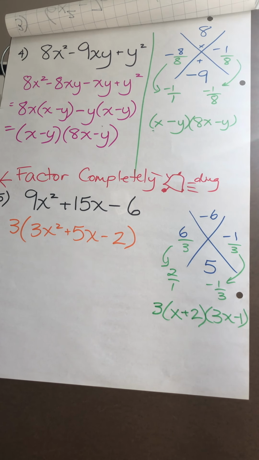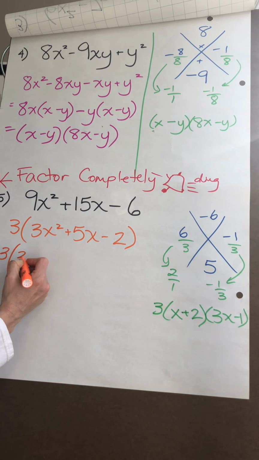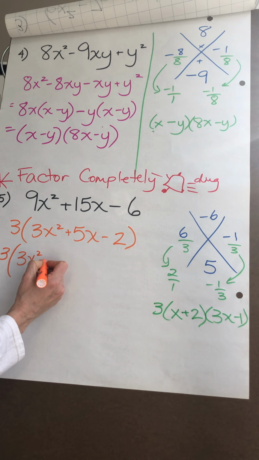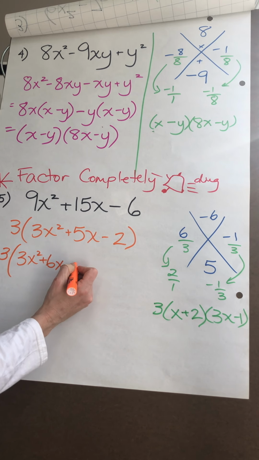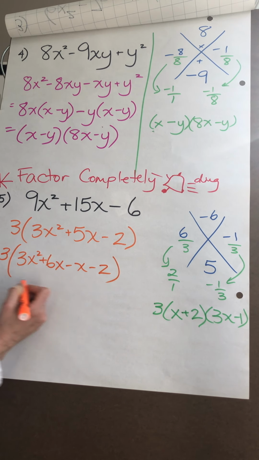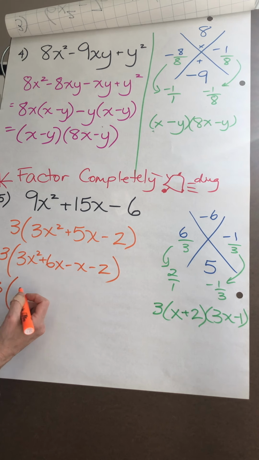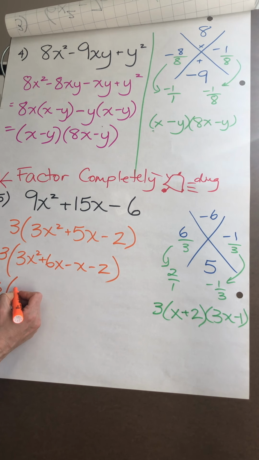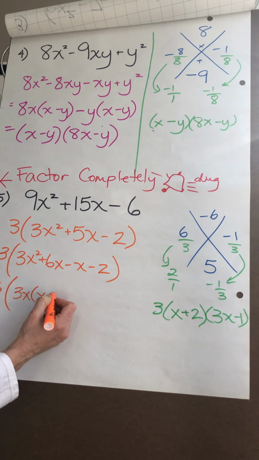Okay, I did it the lazy way first. I will now take the time to go and do it by decomposition. So it was plus 6x minus 1x minus 2, which is 3. And I'm going to have a double bracket coming in here in a second. I'm going to take a 3x out. We're going to have x plus 2.